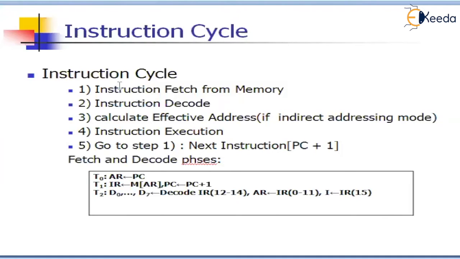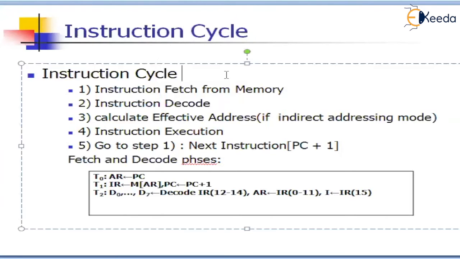Once the instruction is finished, again fetch the instruction, decode the instruction, execute the instruction. Fetch, decode, execute. This is the regular process of the CPU, because the CPU will always be in the instruction cycle.